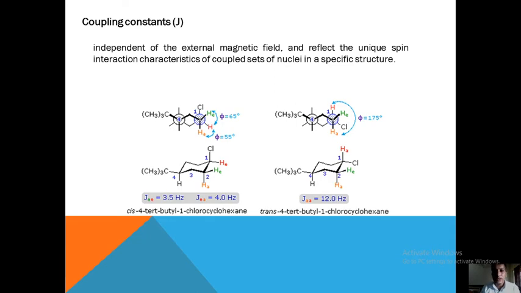Previously we mentioned the term coupling constant, so now we are going to briefly describe it. Coupling constants are independent of the external magnetic field, and they reflect a unique spin interaction characteristic of the coupled set of nuclei in a specific structure.